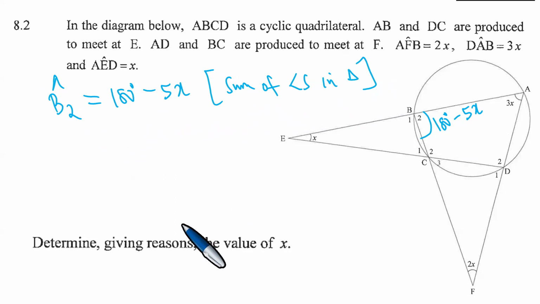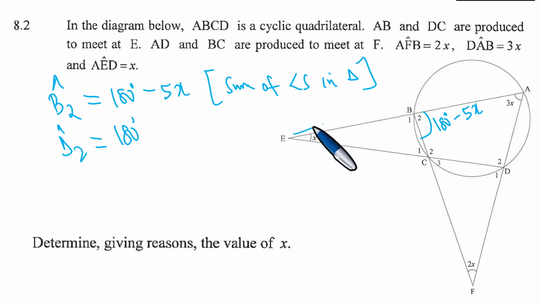Then, what about D2? Angle D2. Now the angle D2 is also 180 degrees minus what?